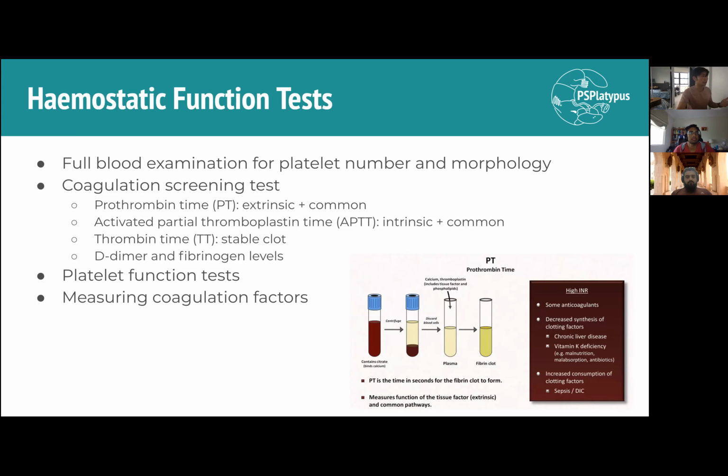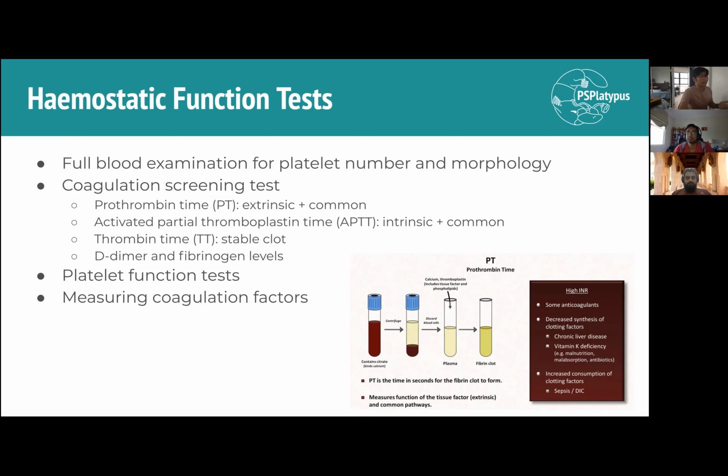And then it's the activated partial thromboplastin time, which is a measure of the intrinsic pathway. And then we have thrombin time, which is how long it takes for fibrinogen to get converted into fibrin. And then also you have your D-dimer and fibrinogen levels, as if those are low, that also means that there is not enough of the precursor to form fibrin.